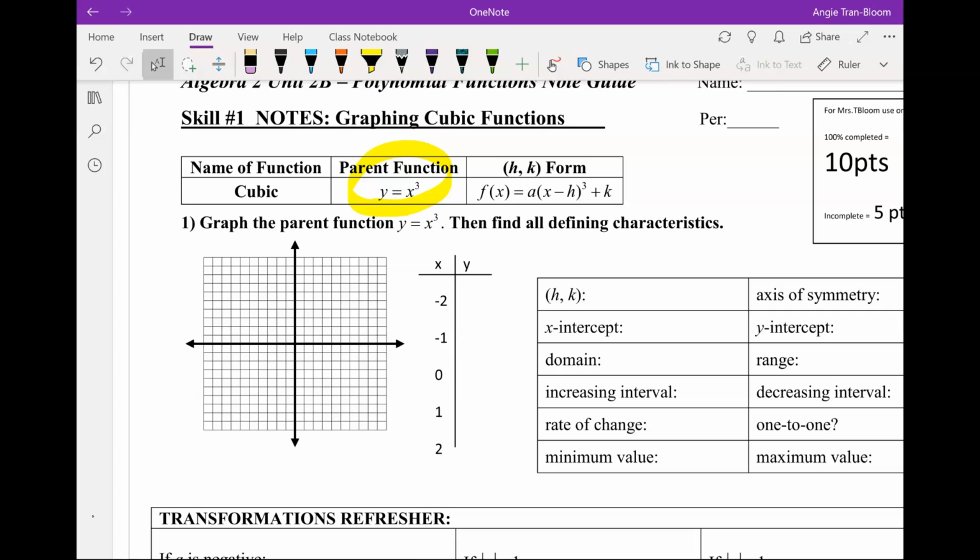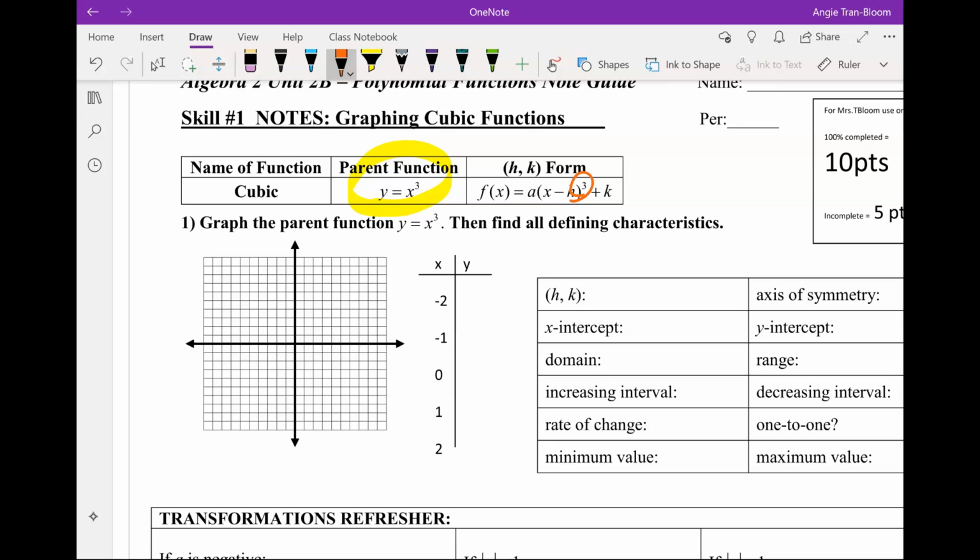The HK form. The HK form is f of x equals, as you can see, it's very similar to the past. It's a times the quantity x minus h to the third power plus k. If the equation that's given to you has a power of 3, that means the parent function is y equals x to the third.